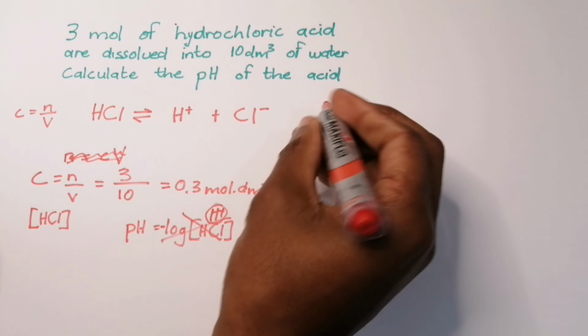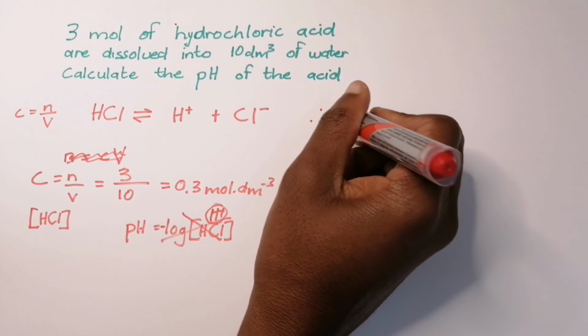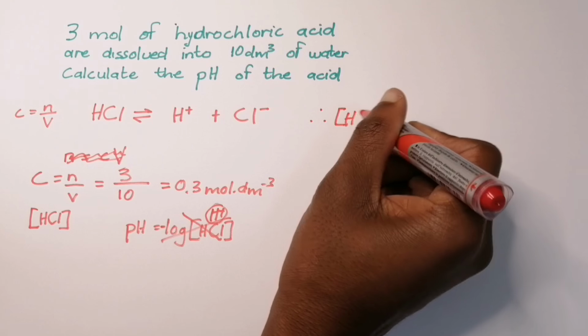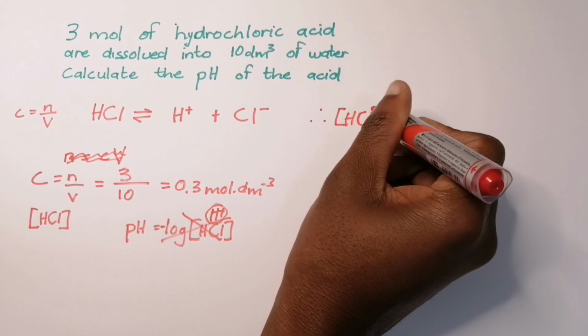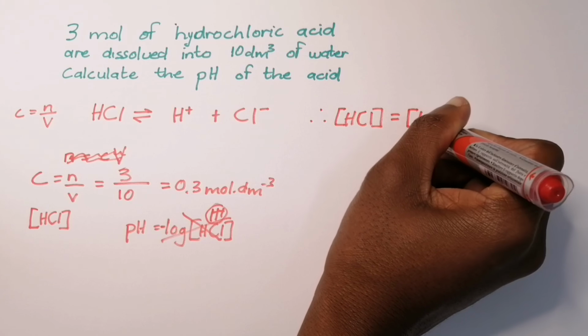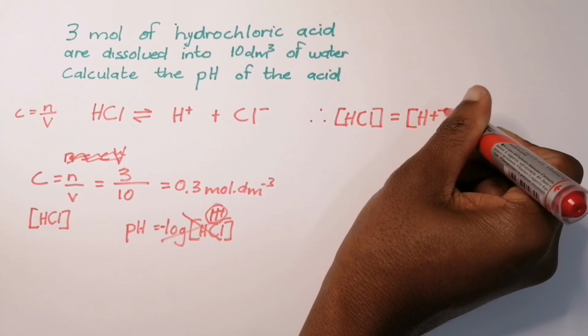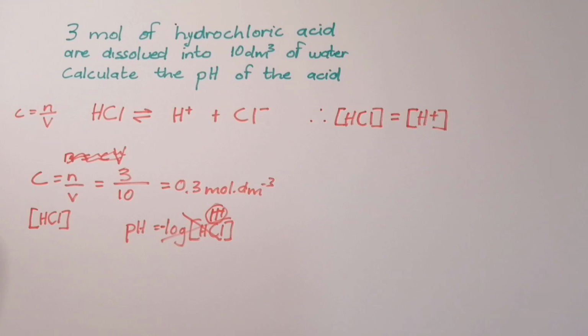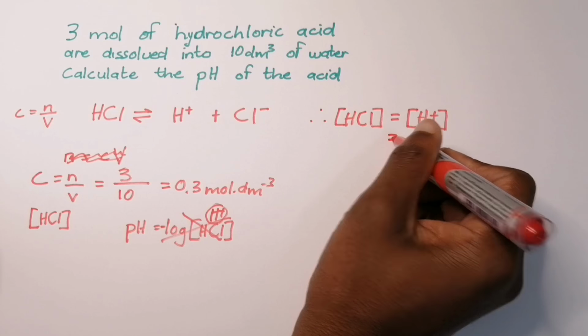So in this case, I can conclude that the concentration of HCl should therefore be equal to the concentration of my hydronium ions, or you can just put it as H3O plus, nothing wrong with that. And what is that concentration?